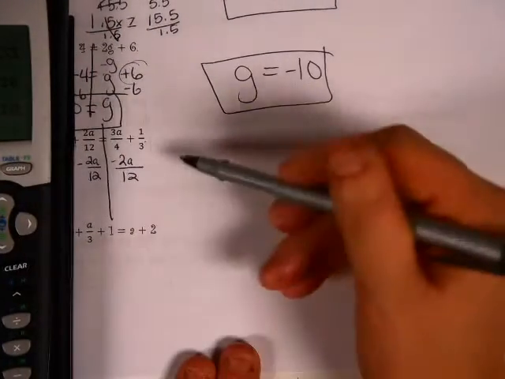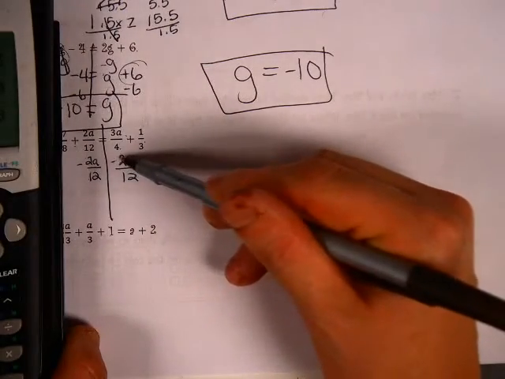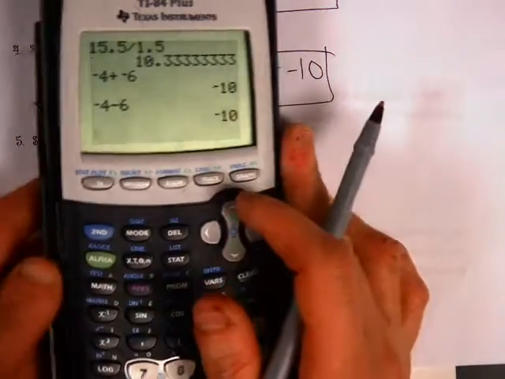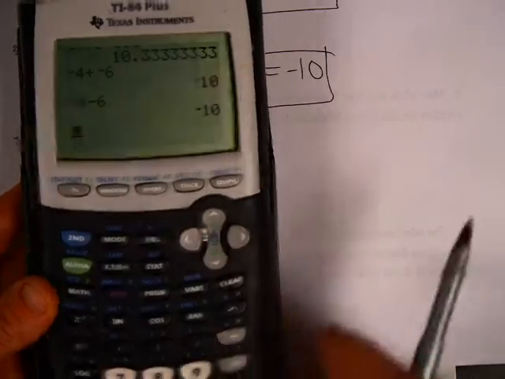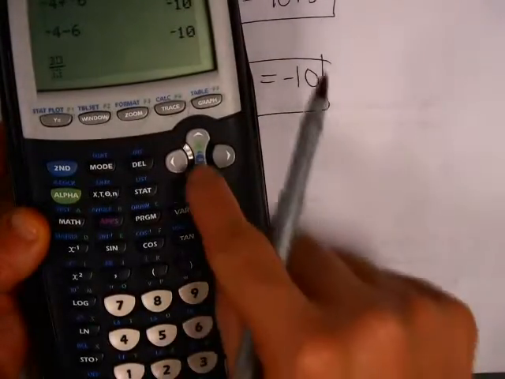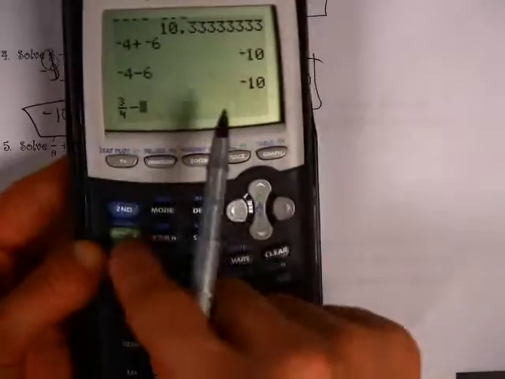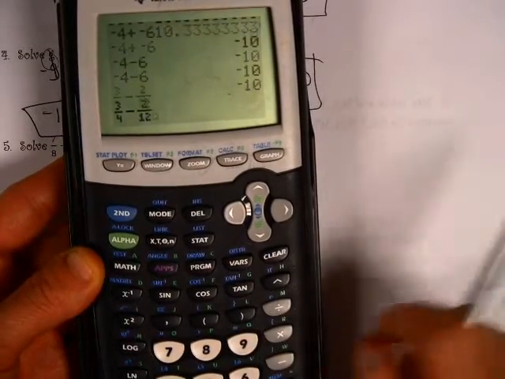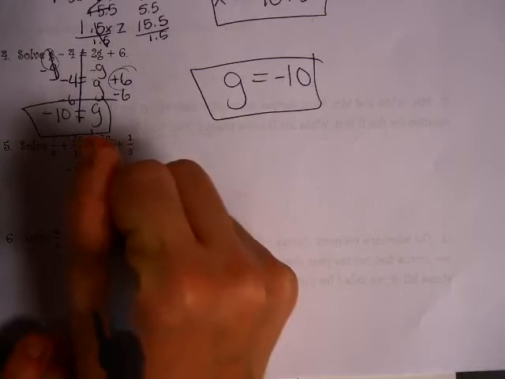So, just like we did, this is 3/4 A, and this is minus 2/12 A. So, in your calculator, I know you can't see it very well, but you're going to go alpha, stat plot, and it is 3/4 minus alpha stat plot 2/12 equals 7/12. Alright, so this is going to be 7/12 A.